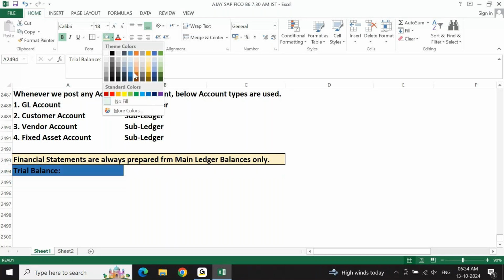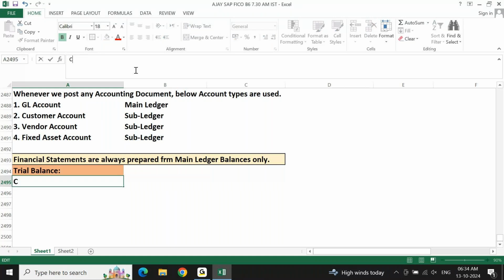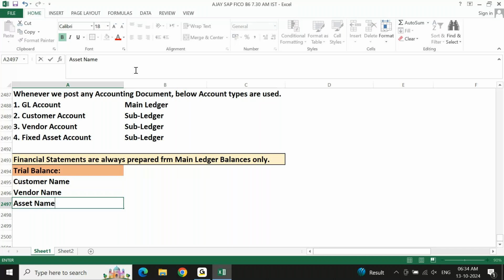Okay, if I look at trial balance, in trial balance we don't write customer name, we don't write vendor name, we don't write asset name. Am I correct? Yes. In trial balance or in balance sheet, do we write customer name? Do we write vendor name? Do you write asset name?